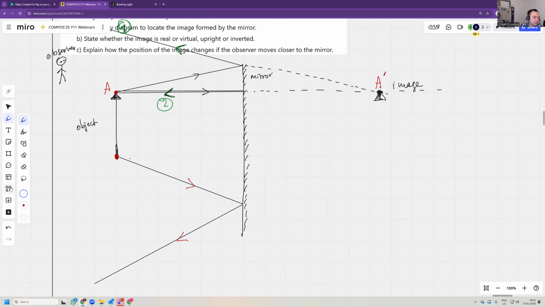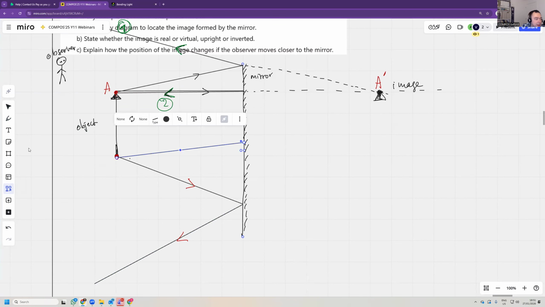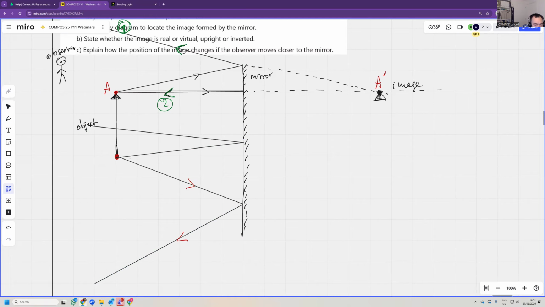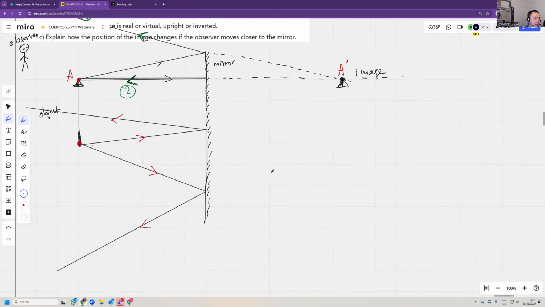And then another ray. Let it go like this, and it reflects off the mirror like this. So your brain sees two rays of light, ray 3 and ray 4.